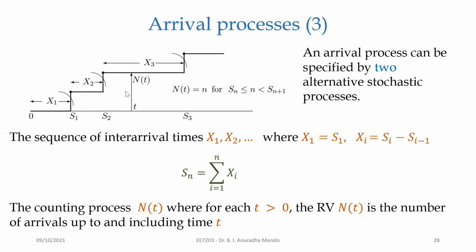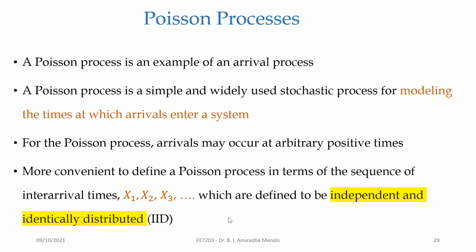X3 also follows the same Poisson distribution. That doesn't mean X1 follows Poisson, X2 exponential, and X3 binomial. It's not like that. All the X1, X2, X3 random variables follow the same probability distribution. That is why we call them identically distributed. They are independent, but the values come from the same distribution.